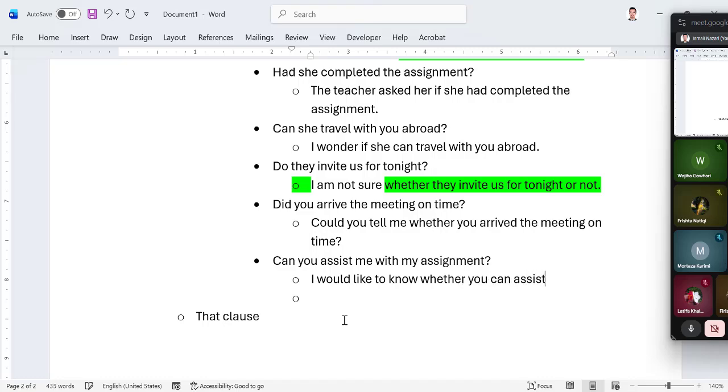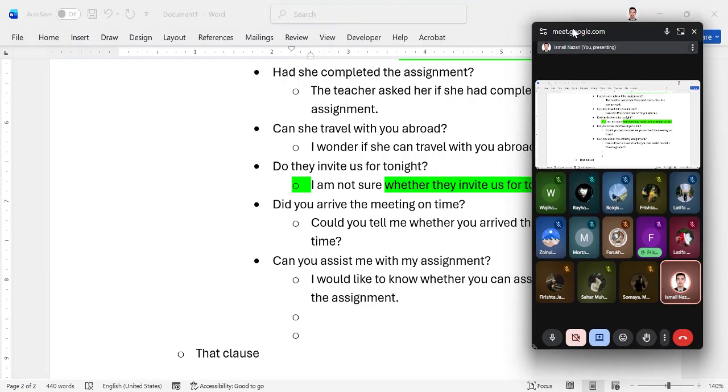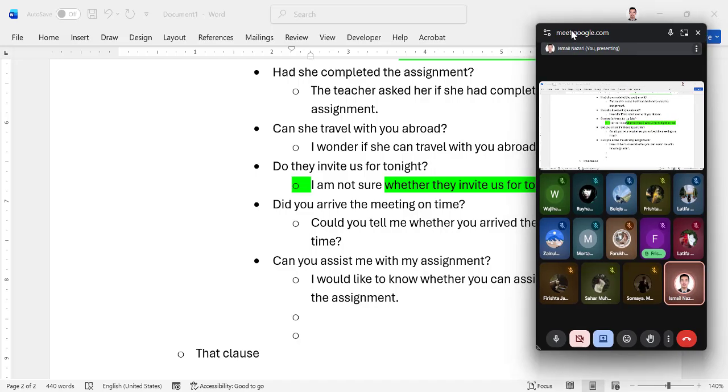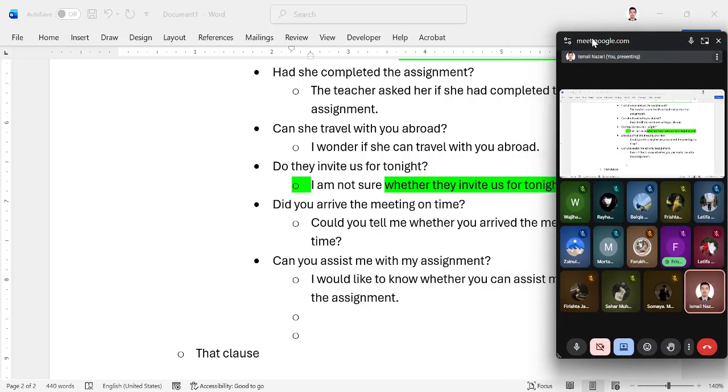Yep, that's right. Whether you can assist me with the assignment is the noun clause here. So that's with whether or if. Any questions here?